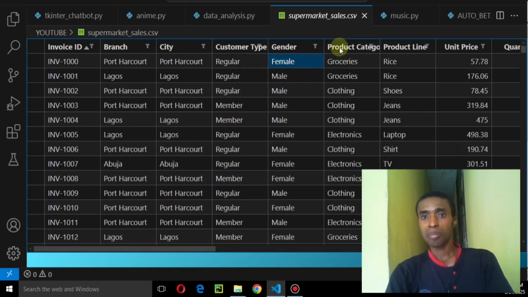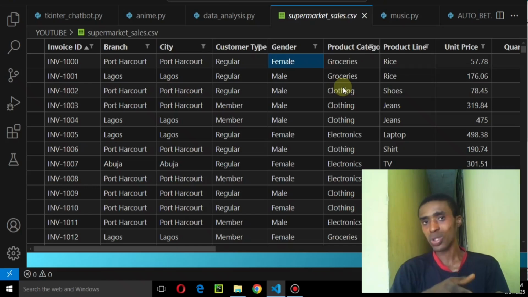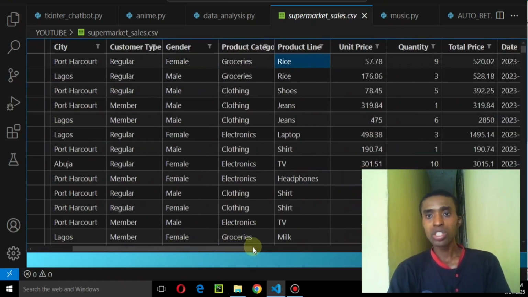Then the product category: the thing that you bought, what category does it belong to? Let's say you bought a laptop, you know that laptop is electronics. If you bought something like a shoe, you know that shoe belongs to the clothing category. If we went to buy rice, that's under groceries. And then the unit price.